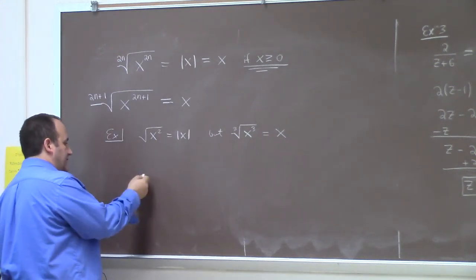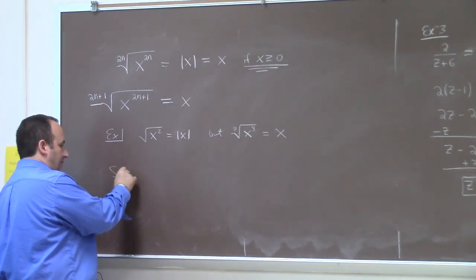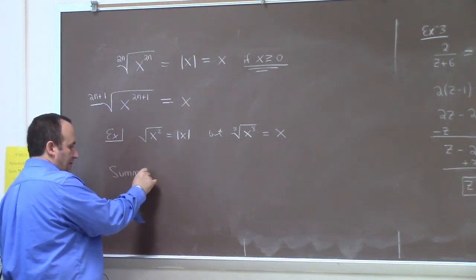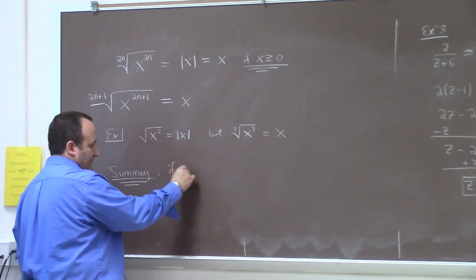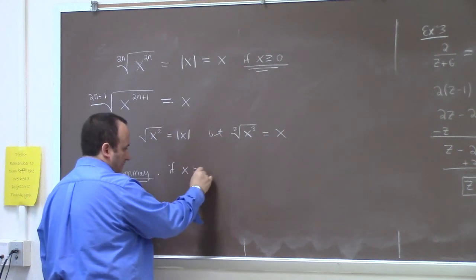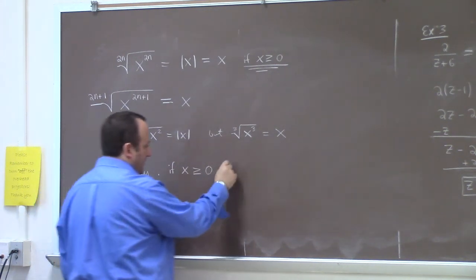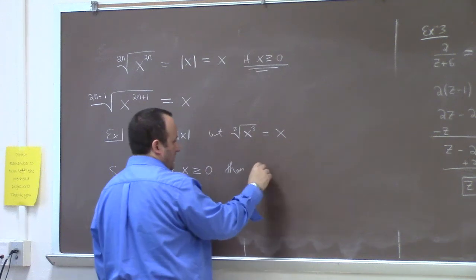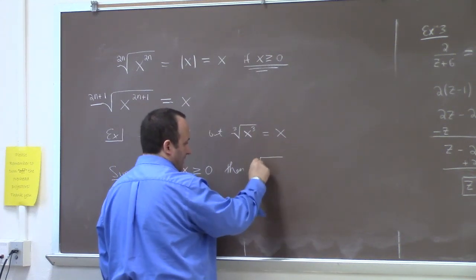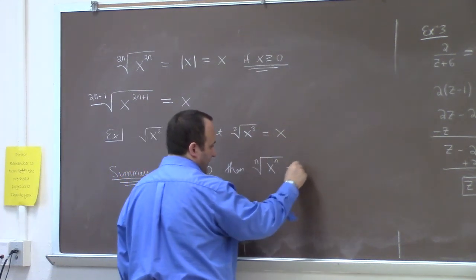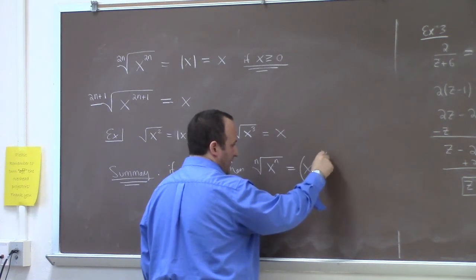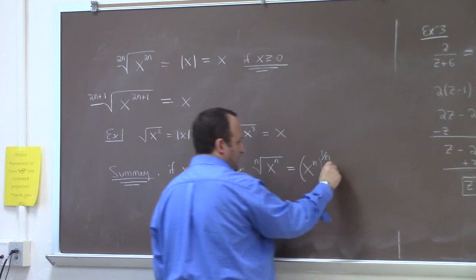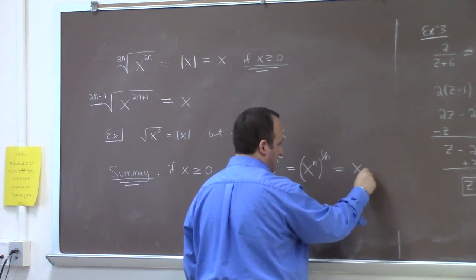So, long story short, here's the summary. If x is positive, or non-negative rather, then the nth root of x to the n, which is, by the way, x to the n raised to the 1 over n power, is just equal to x.